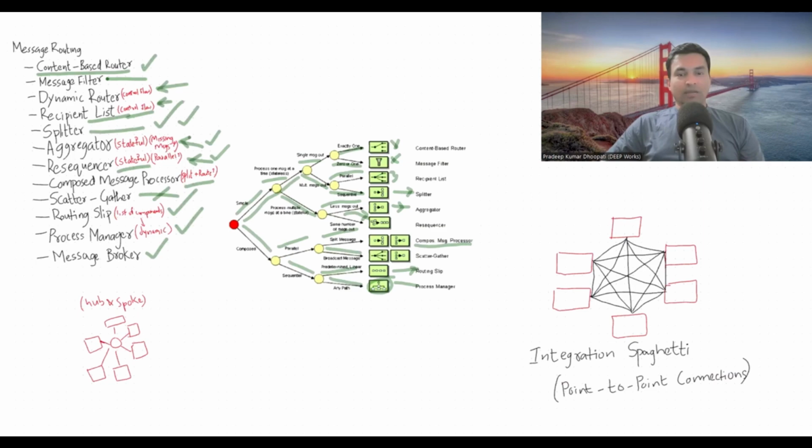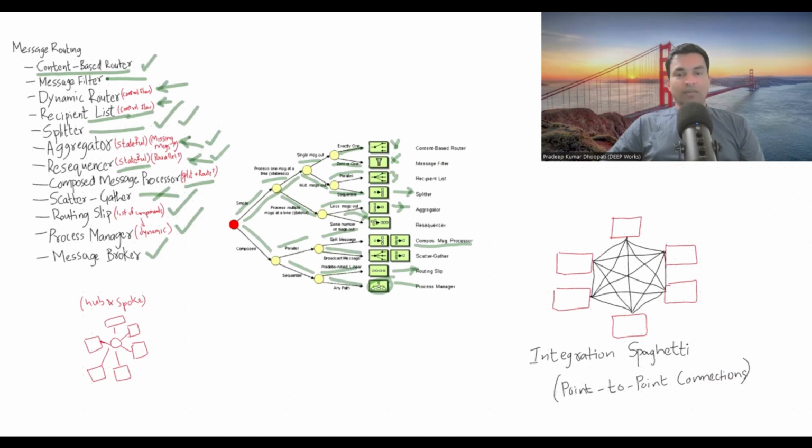Then aggregator: once you split all the messages and process them individually, and if there is a business case where you have to aggregate all of them and send it to the downstream as a single message, then you have to use an aggregator. And aggregator is stateful because you have to maintain the state and you have to see if all the messages were received or processed or not.